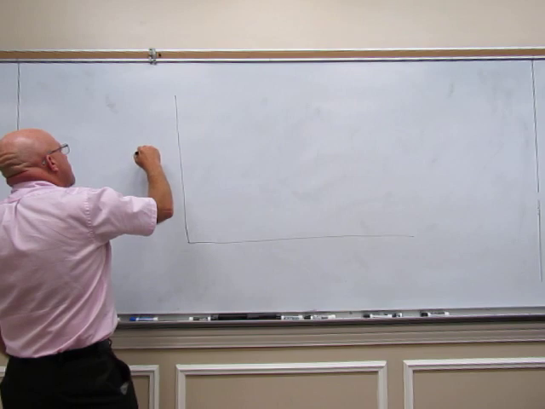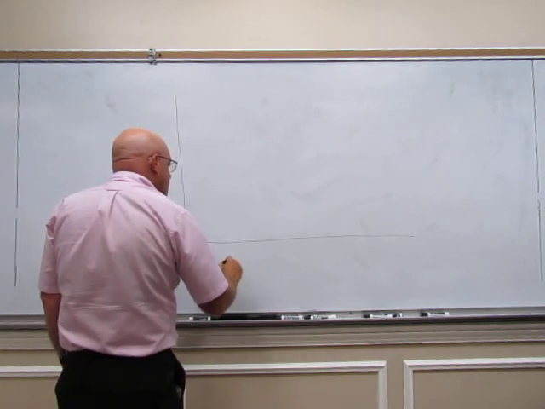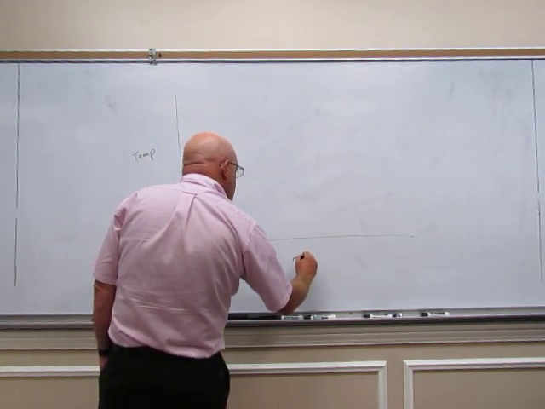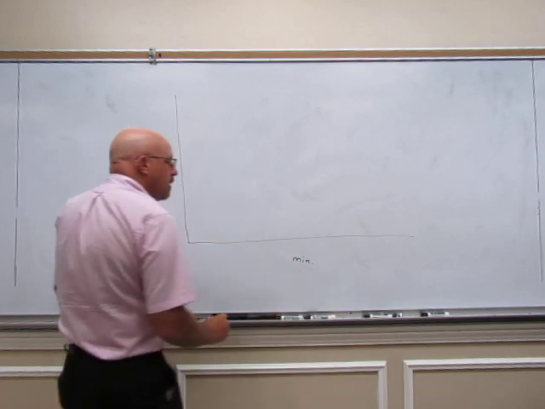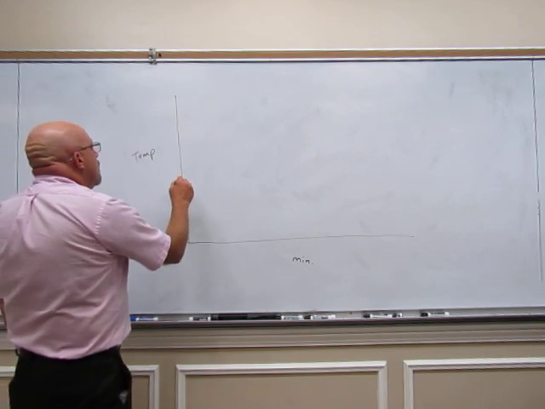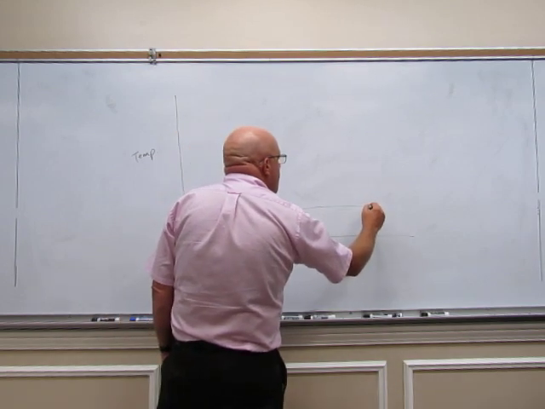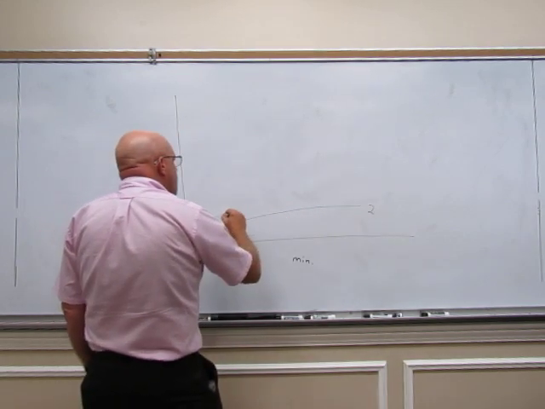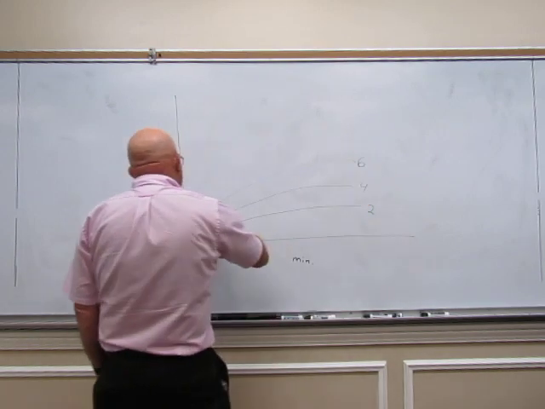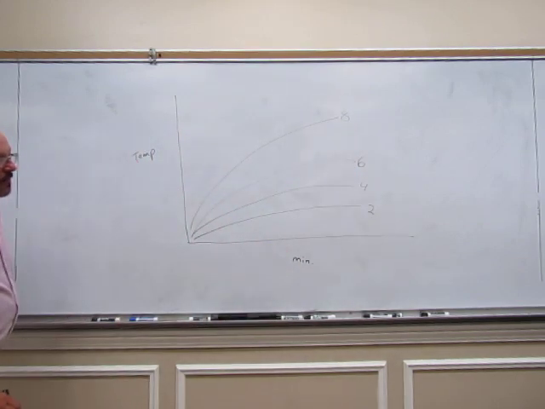On the y-axis is temperature, and on the x-axis is time, minutes. And there's all these curves. Here is a setting of 2, and here is a setting of 4. Maybe here's a setting of 6. And maybe 8, something like that.